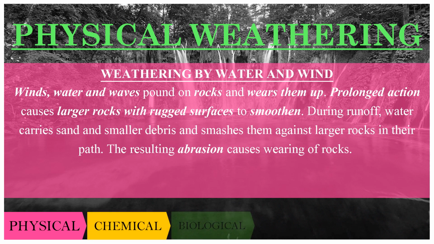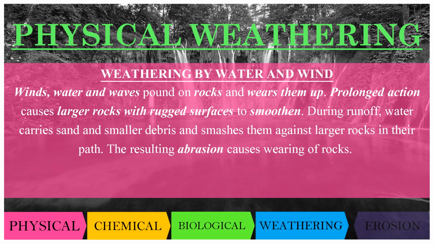Another physical factor that causes physical weathering is water and wind. Winds, water and waves act on rocks and wear them off. Prolonged action causes large rocks with rugged surfaces to smoothen. During runoff, water carries sand and smaller debris and smashes them against larger rocks in their path.